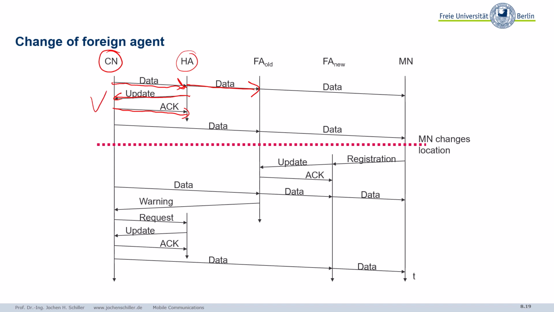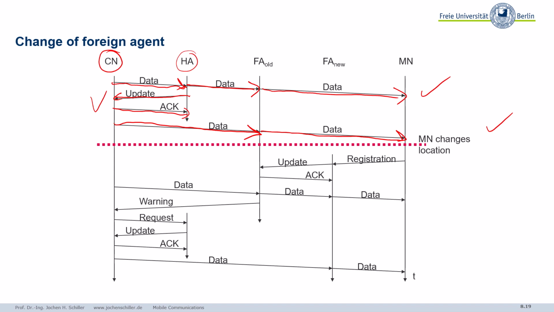Now the correspondent node knows the mobile node is not at home any longer. The foreign agent forwards the data, as we learned, to the mobile node. Happy. For the next packet, the correspondent node can directly send its data to the foreign agent, which then forwards the packet to the mobile node.